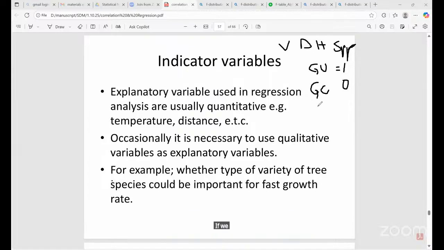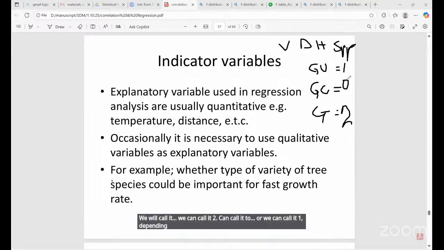If we had another species, maybe grandis, we are saying that if species is GU, then we code it 1. If species is GC, we code it 0. If species is G. grandis, we can call it 2, or we can call it 1, depending on how we are designing our dummy variables.